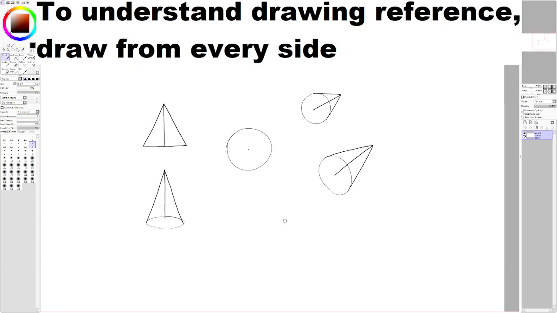Now let me think of another. In this case, I drew it like that. Like I said, there are various ways you can try to do it.